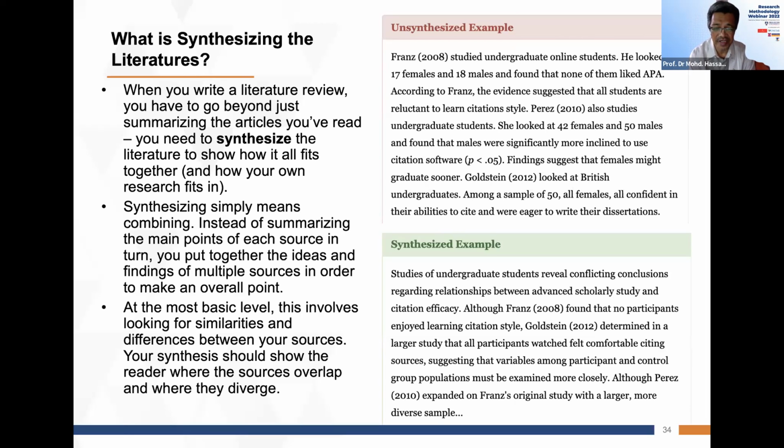Most of them are just summarizing what others have said and reporting it back. Normally, when I examine that kind of write-up, I will comment and suggest that they rewrite the literature review, which may not take the entire chapter.